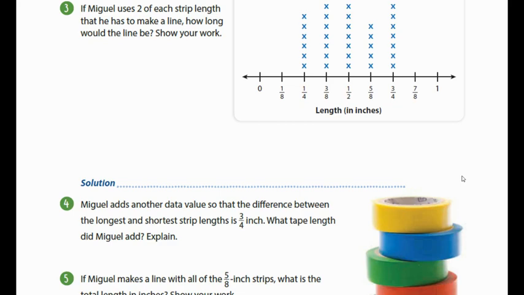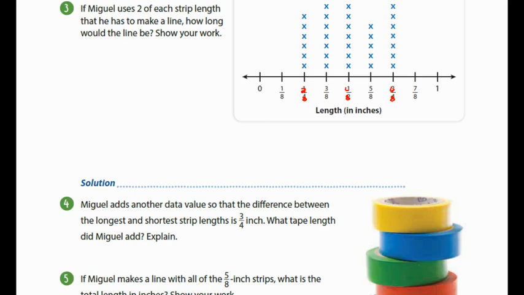All right, this one on number 3. So we're still talking about Miguel. They gave us all of our numbers here. I would highly suggest again we go through and make these 8ths: 3/8, 4/8, 5/8, 6/8, 7/8, and 1. It says if Miguel uses 2 of each strip length that he has to make a line, how long would the line be?